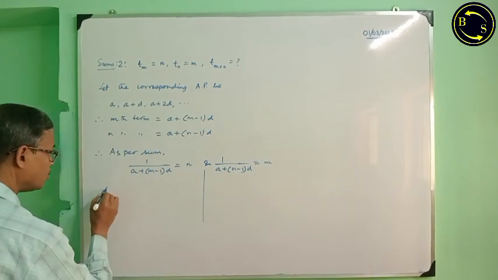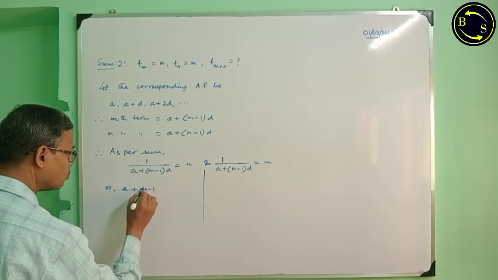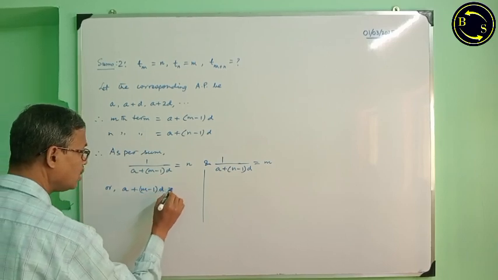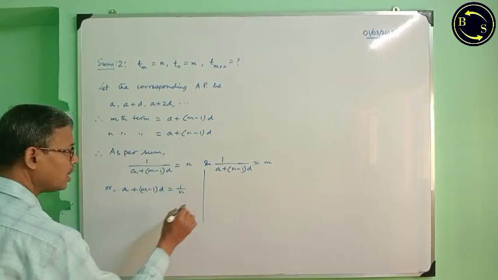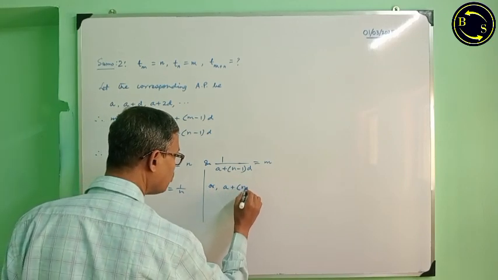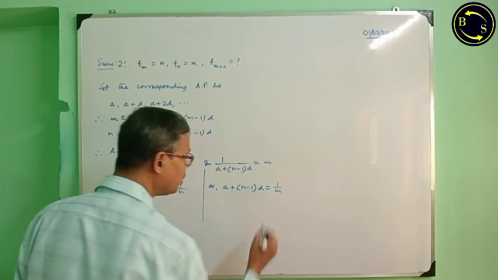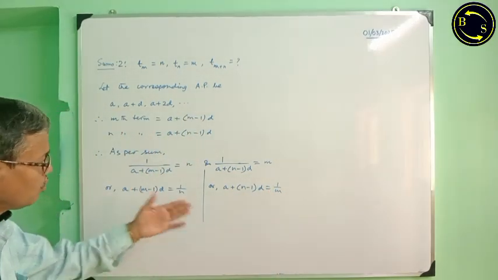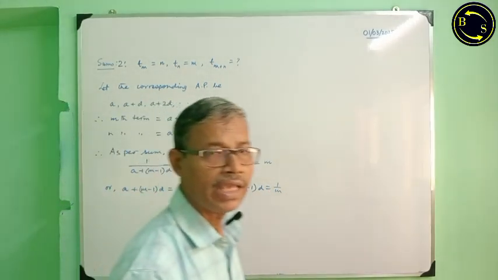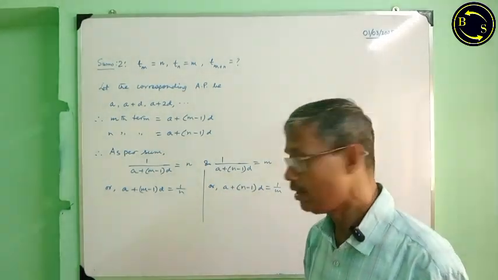From this, we get A plus (m minus 1) into D is equal to 1 by n, and from this, A plus (n minus 1) into D is equal to 1 by m. Thus, we have got two equations where A and D are variables. We solve for A and D.